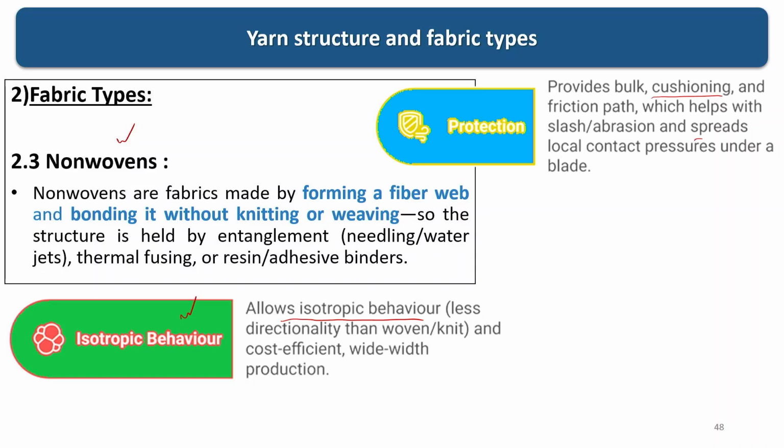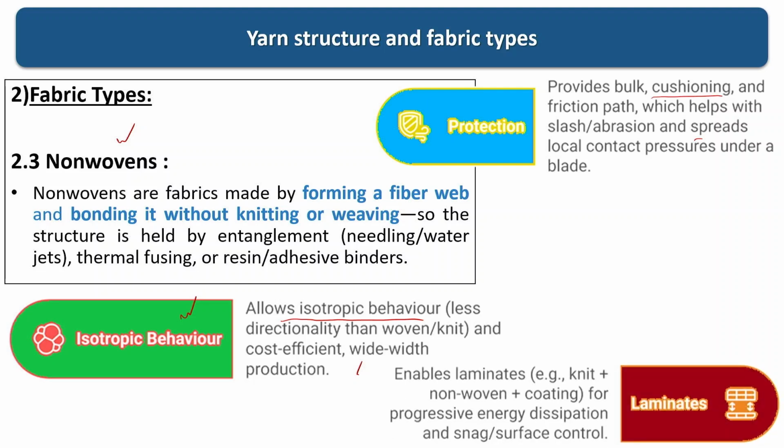So, it is cost effective, and we can produce in wide width for different applications where wide widths are required. In those applications we can use this non-woven. So, the basic advantage is that it has isotropic behavior, and the third is that it enables laminates.